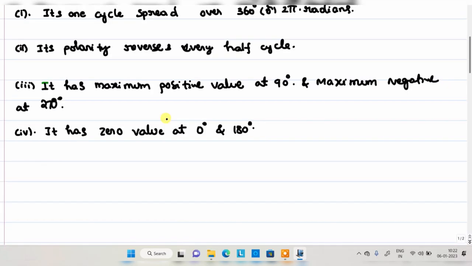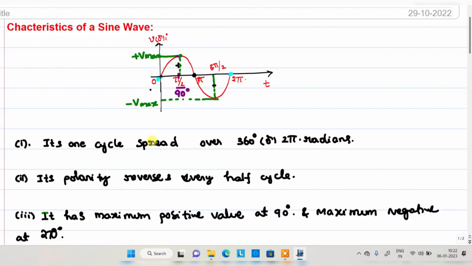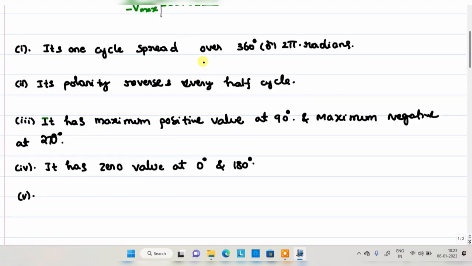Okay, next, coming to the fifth point, it changes its value fastest when it crosses the zero axis. Very important. Whenever the magnitude is 0, it crosses very fast. Whenever it is at a maximum value, it crosses very slowly. Those are the two points you need to satisfy.